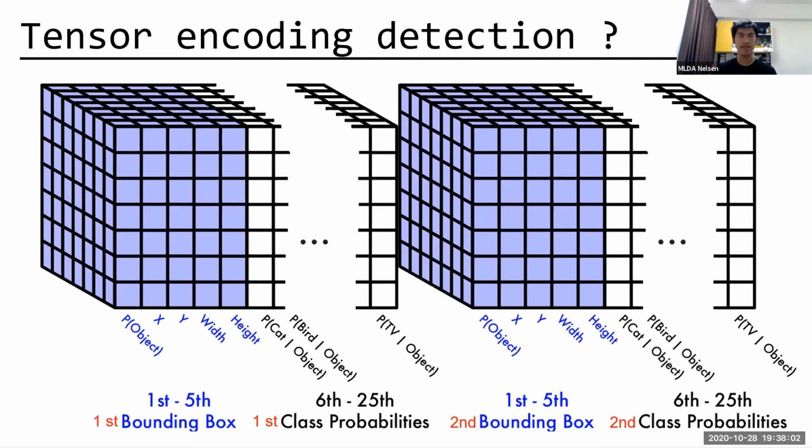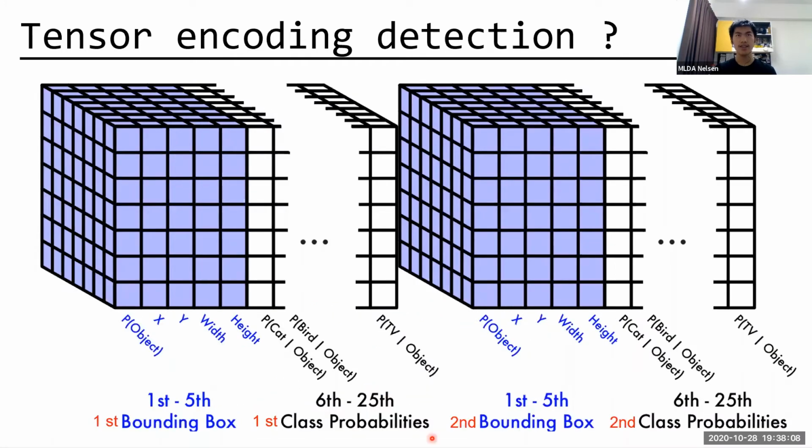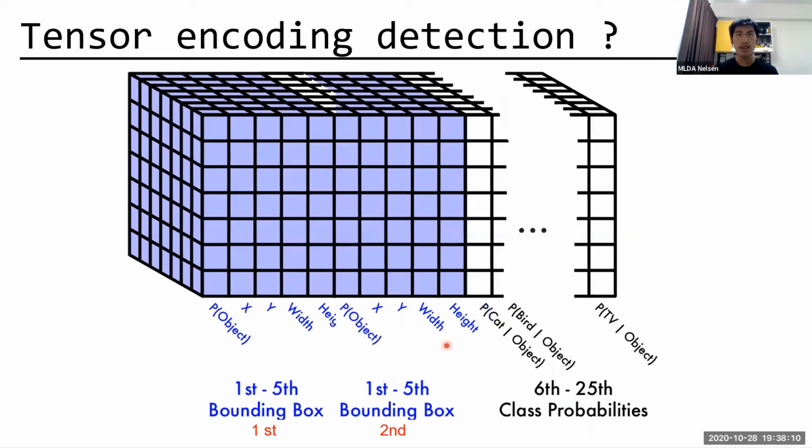So this is the first one, and this is the second one. Okay, so this is the first slide, and this one is the second slide. No need to look at the dimension. I think I mistyped the dimension in the poll, but you can see the first one is 7,7,30.